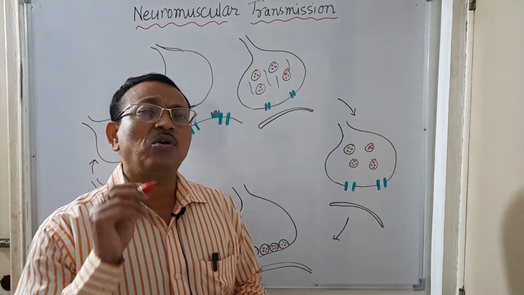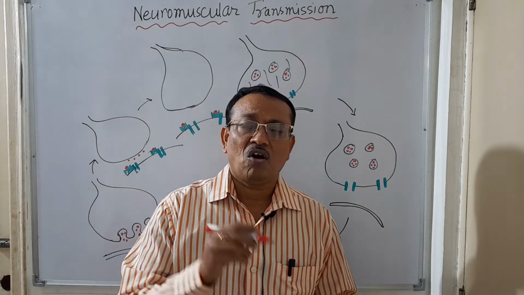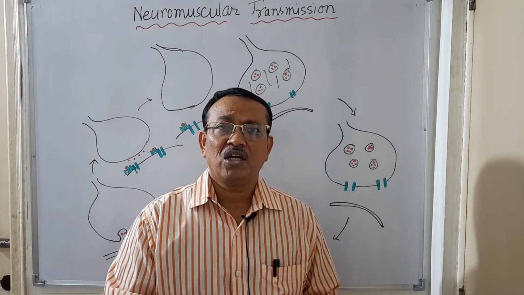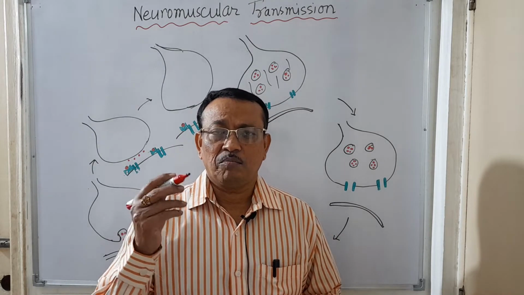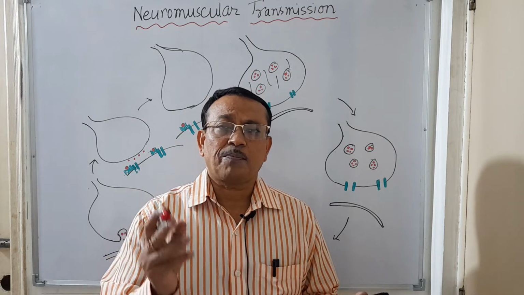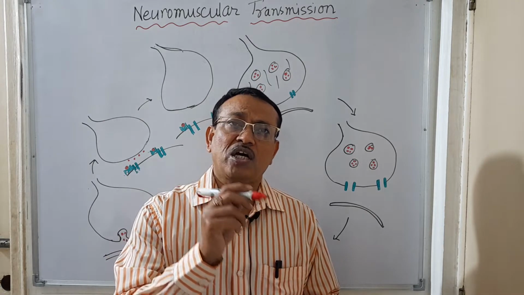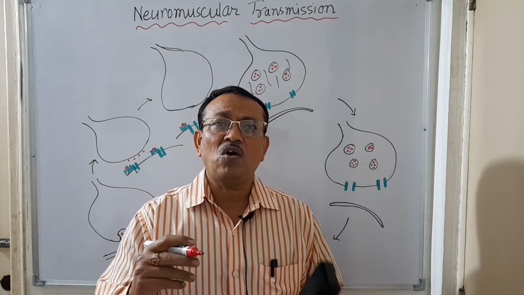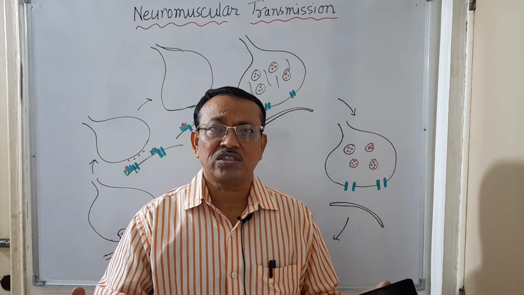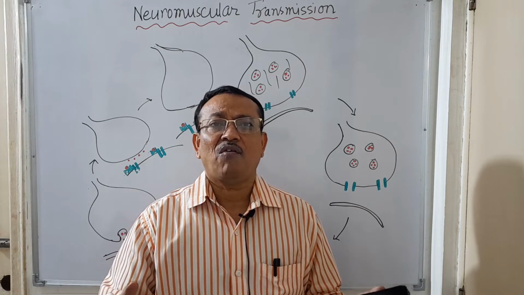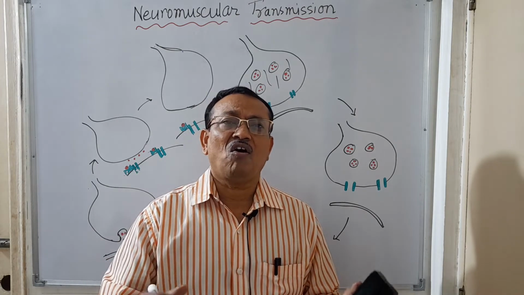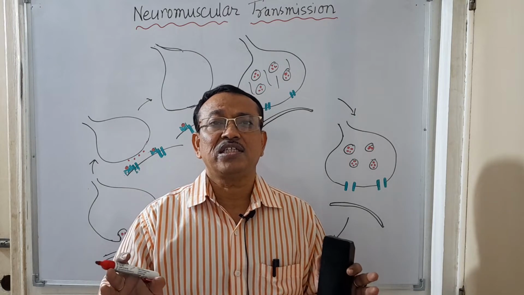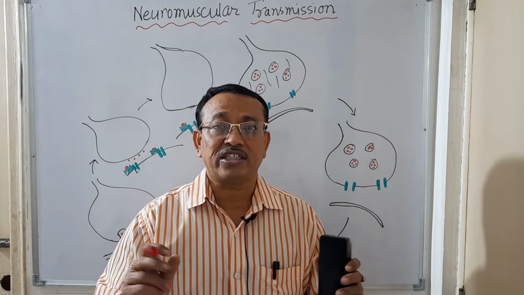Now if a stimulus is given on the motor neuron, what happens? The muscle which is supplied by that particular motor neuron will now contract and give the response, and thereby our voluntary or involuntary activity of the muscle is initiated or executed.